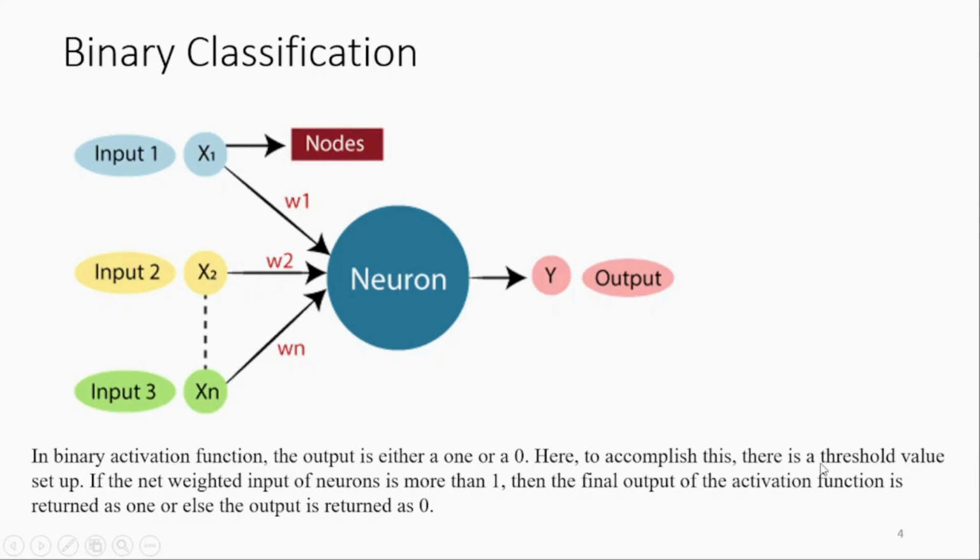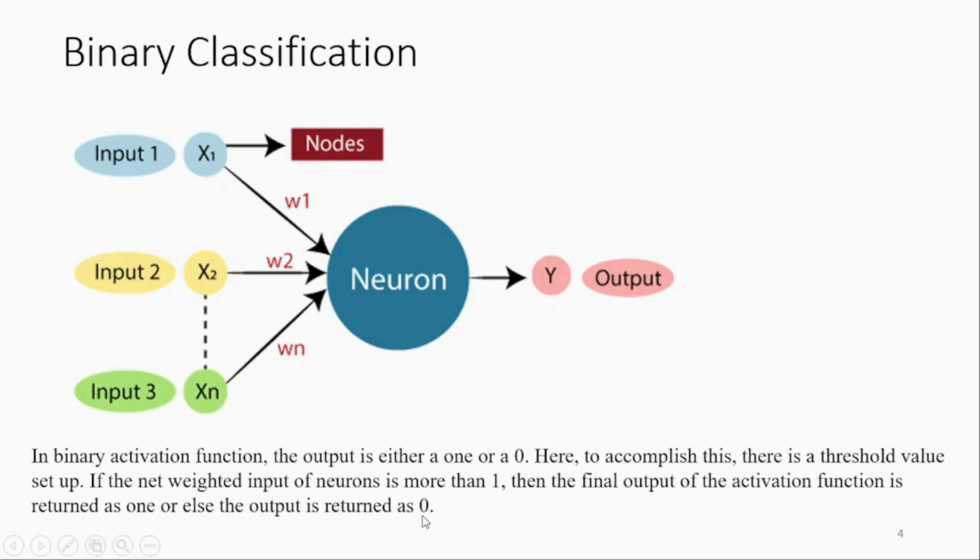To accomplish this, a threshold value is set up, which decides which class the incoming samples belong to. If the net weighted input of a neuron is more than the threshold, then the final output of the activation function is 1, or else the output is 0.